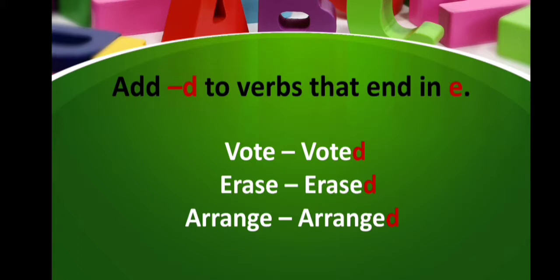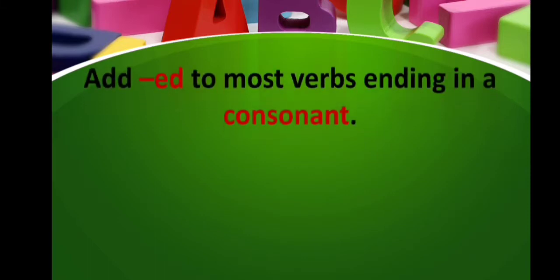The next one is erase. When we change the verb erase to a past form, it becomes erased. Arrange, arranged. The next rule is, we add ed to most verbs ending in a consonant. And you know what a consonant is? Any of the letters of the English alphabet except A, E, I, O, U are known as consonants.